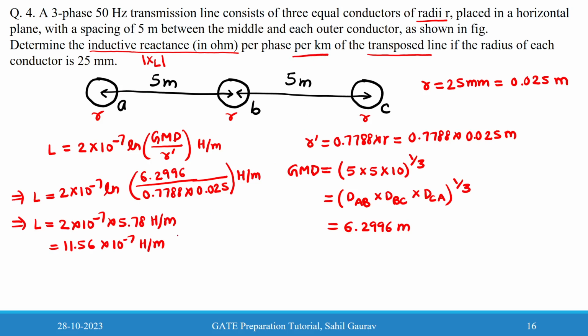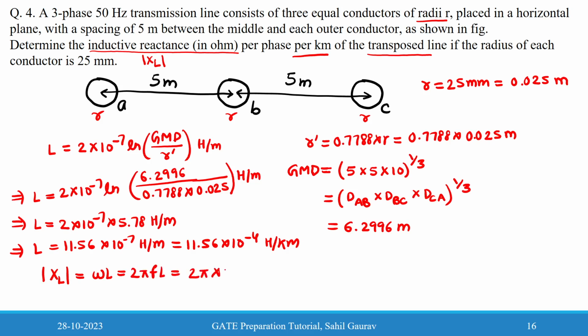So we will convert this into per kilometer. 11.56 into 10 to the power minus 4, and 10 to the power 3 will come out, so Henry per kilometer, and we need to find this reactance. So XL will be omega L, correct, so 2 pi f L, with 11.56 into 10 to the power minus 4 Henry per kilometer.